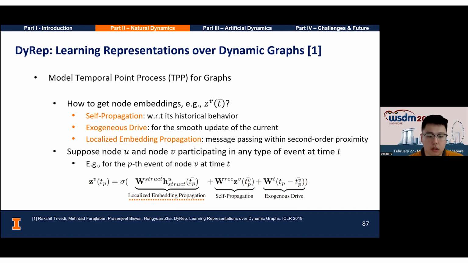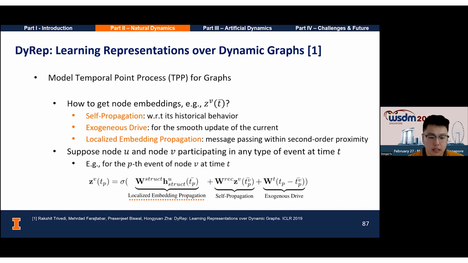For example, the time minus, and times transition projects times projection matrix with WT. The TVP bar here means the time of the previous event of node V at time t, and the TP is the current time we want to predict for the event.